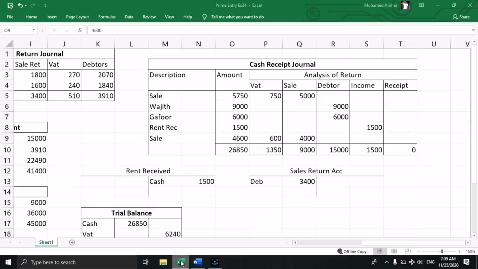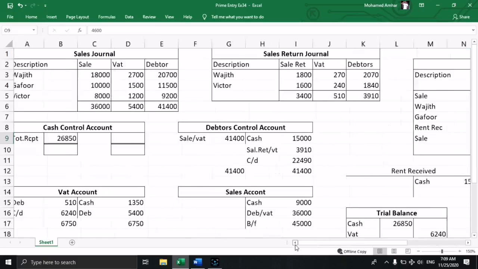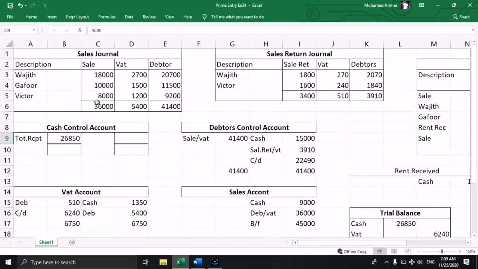Right. Now you have to get the total of journals. Sales journal total 36,000. VAT is 5,400, and debtors total 41,400. So double entry.